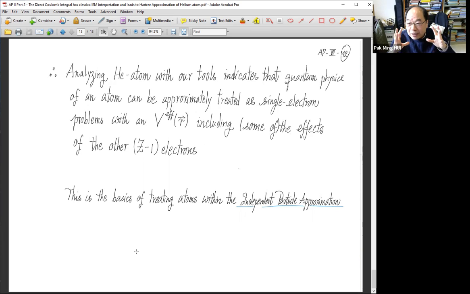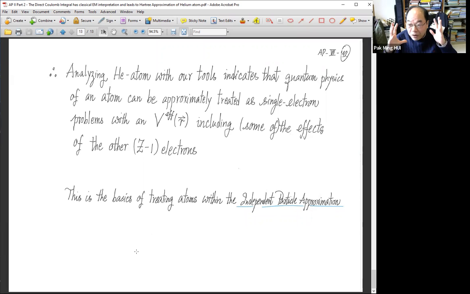At least within this rather high-level scheme, we now realize a problem in an atom with Z electrons can indeed be regarded as single electron problems under the situation that we consider the remaining Z-1 electrons as providing an effective repulsive Coulomb potential energy acting on the single electron that we are focusing on.